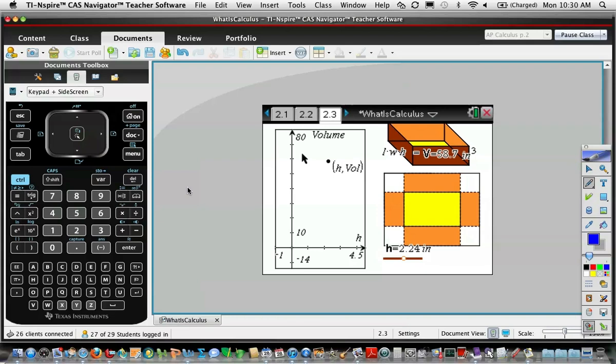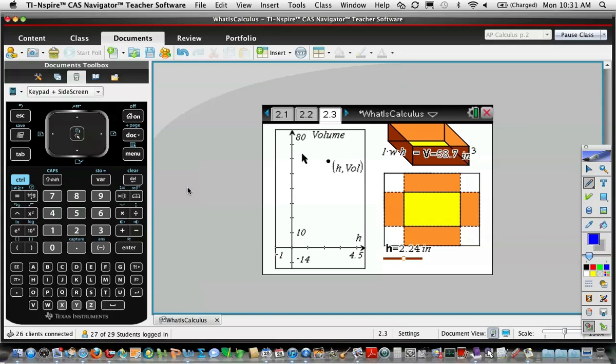Here's a piece of paper, and I want to cut sections out of all 4 corners so that I can fold it and make an open top box. What size corners should I cut out to make a box that has the maximum volume? That's the question.